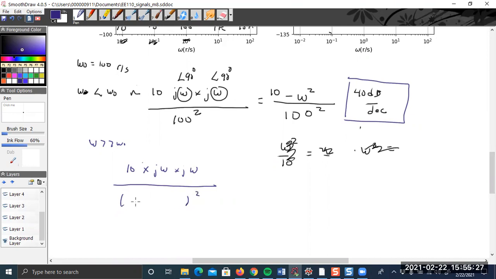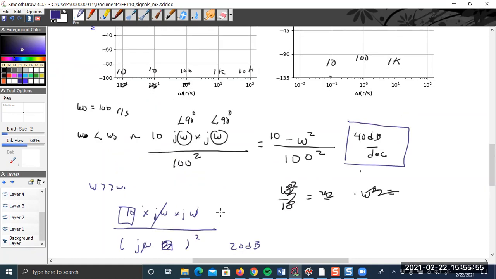And then here, j omega is a lot bigger than 100, so this will turn into j omega because the 100 drops out. These all cancel out. So it's 10, and that's just a constant, and that's just going to be 20 dB per decade.